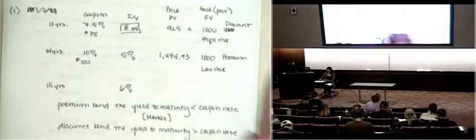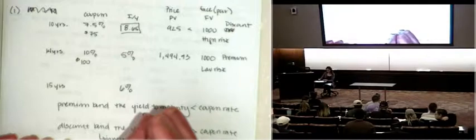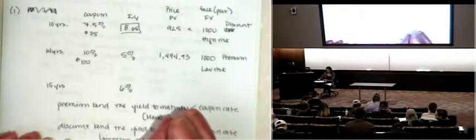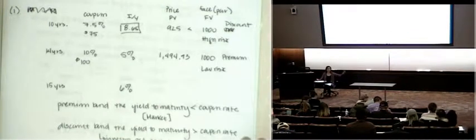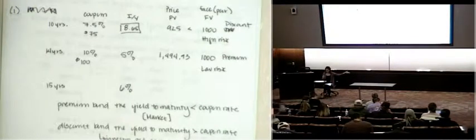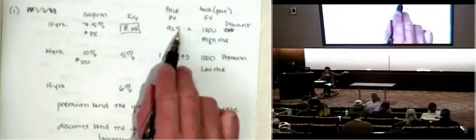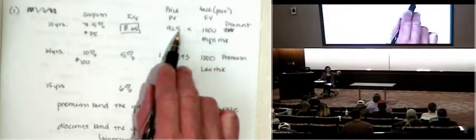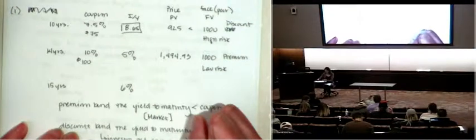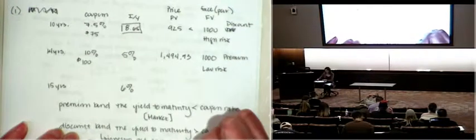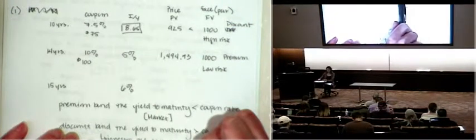So for a discount bond, this investor gets the coupon along the way, those interest payments that you make on your debt. And also, the investor gets this difference in price. So the investor in this case gets $75 extra in addition to these coupon payments, plus a capital gain due to the change between the price and the face value.